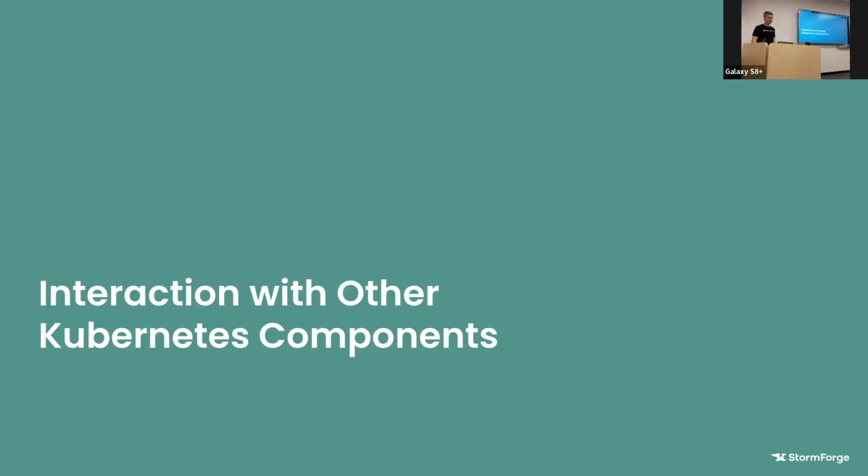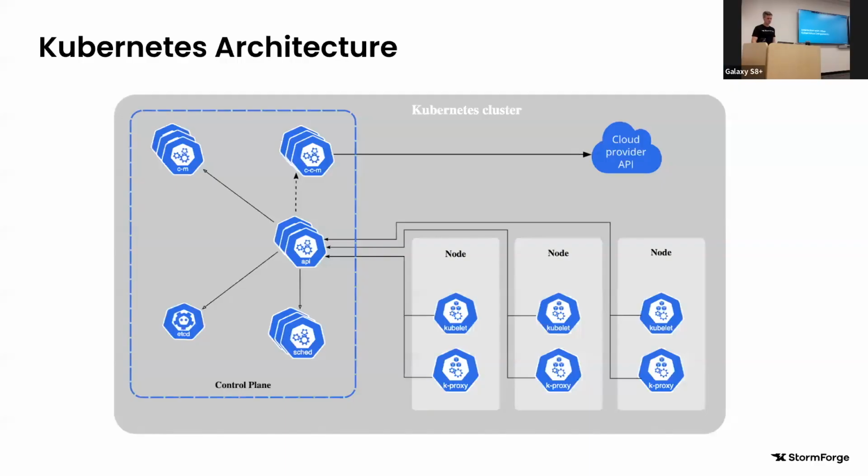So, interaction with other Kubernetes components. I have an architecture diagram of Kubernetes. The idea is that the components are separated into two types. You have the ones which run on the control plane over here: the API server, controller manager, etcd, and the scheduler. And then you have the ones which a copy of them runs on every single node.